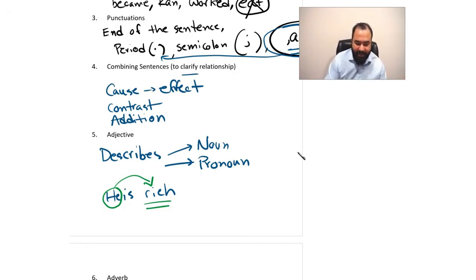You can list a couple of adjectives and then you have to use commas. I'll do one example: agile, comma, athletic, Brian was a very good basketball player. So when you're listing adjectives before the noun, you have to use commas. Remember, listing adjectives. That is very common on the test.